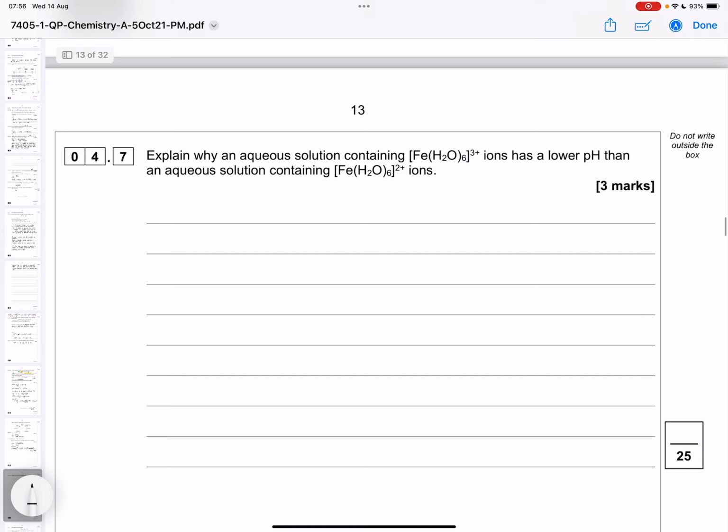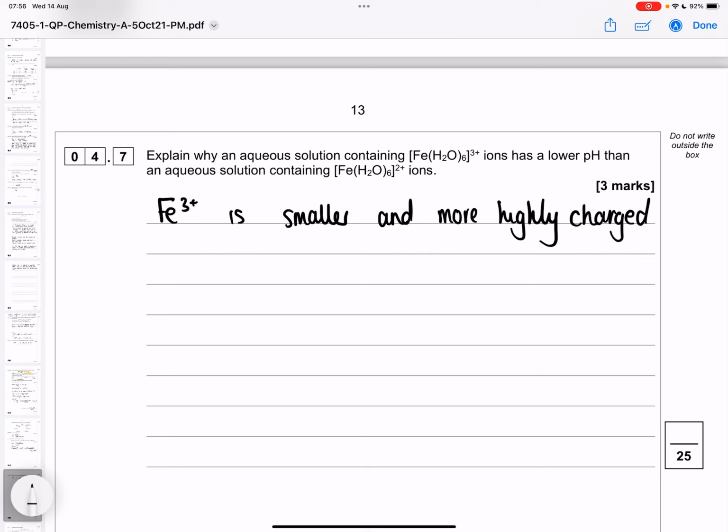And the last part of the question says, explain why an aqueous solution containing Fe3+ has a lower pH, so is more acidic. So we'd say Fe3+ is smaller and more highly charged than Fe2+. Fe3+ has higher charge density.